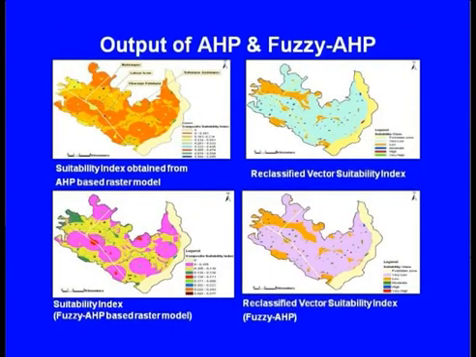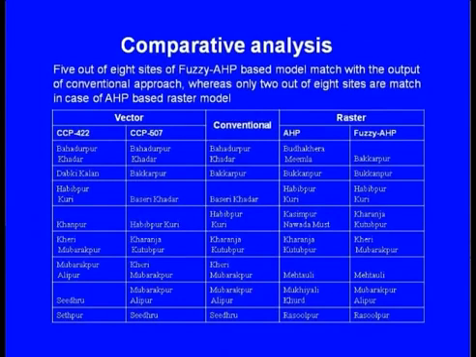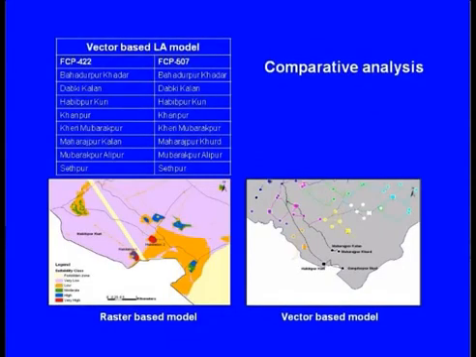On the basis of this, we get the suitability index, and again reclassify this suitability index using different techniques. On this basis, we find that out of the 8 sites which have been selected, 5 are suitable at this point of time using the raster and the vector based models.